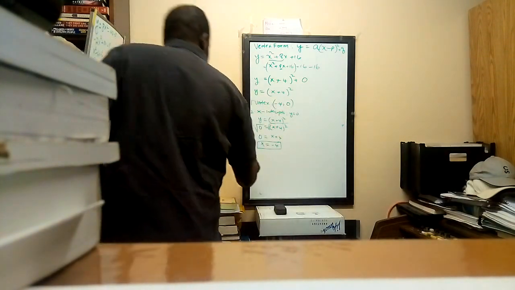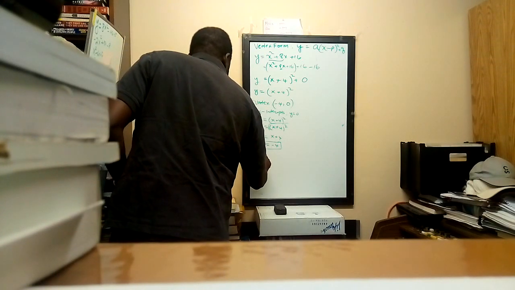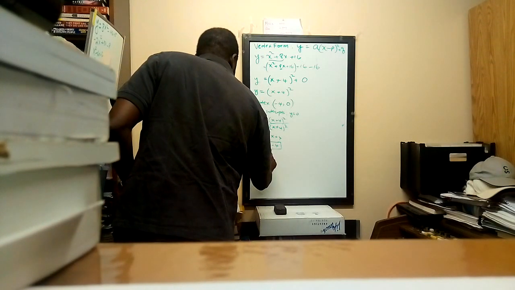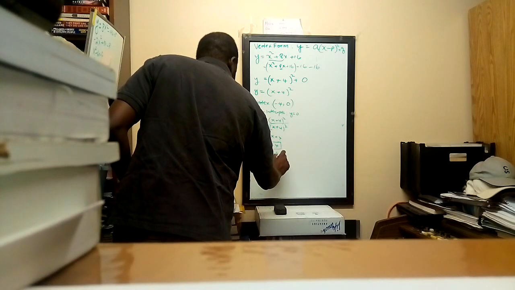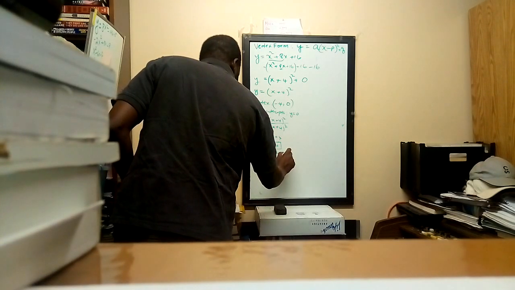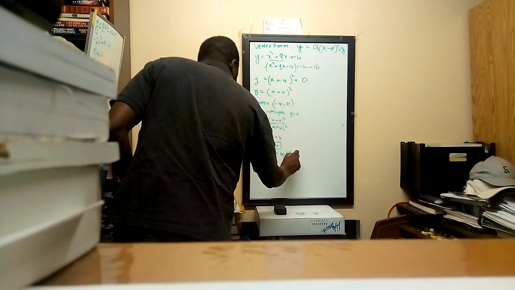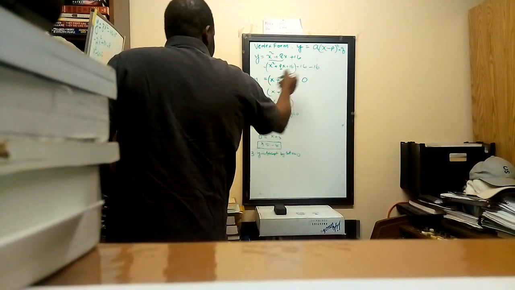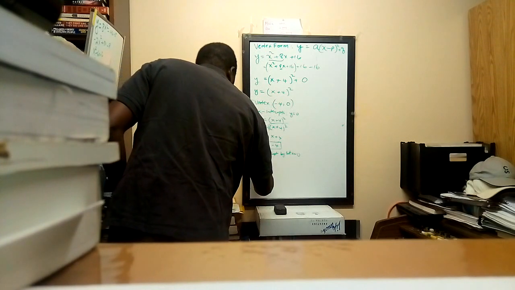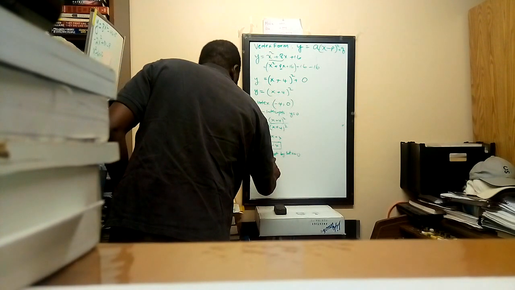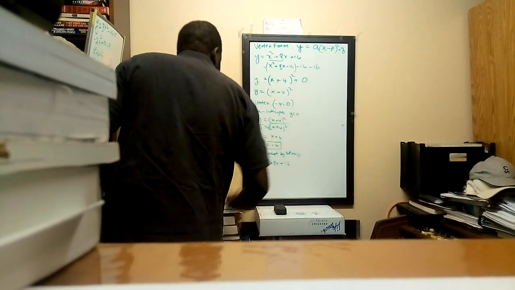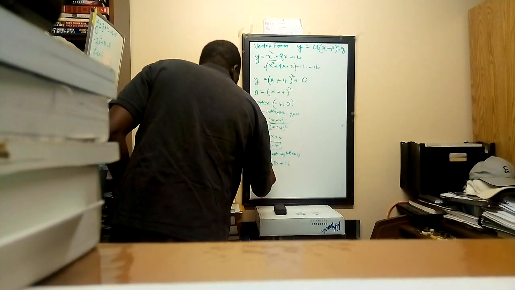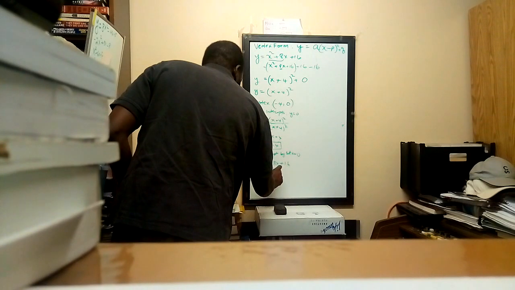Our next step is to calculate the y-intercept by letting x equal 0. Then we write our equation: y is x squared plus 8x plus 16. You could see the y-intercept is 16. 0 squared, 8 times 0 is 0, plus 16.